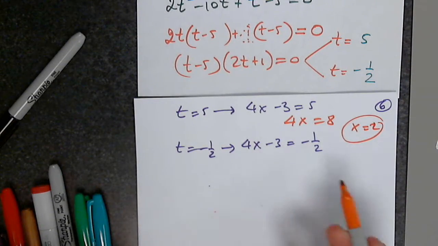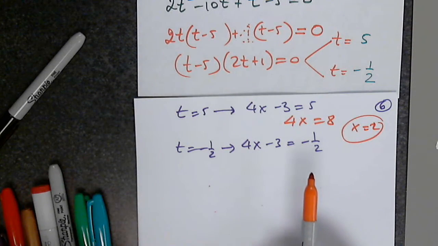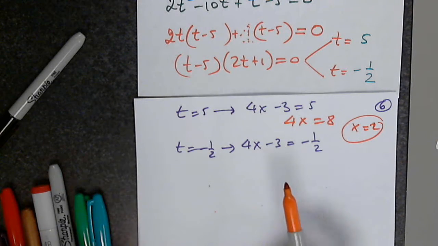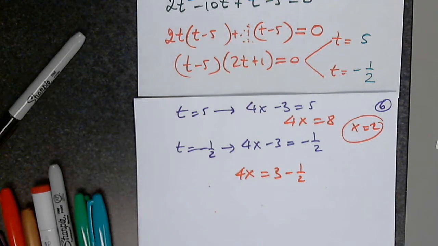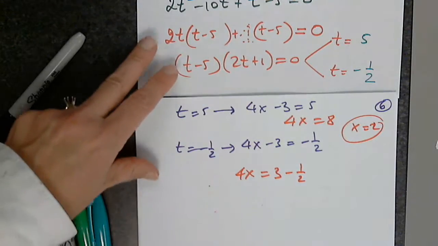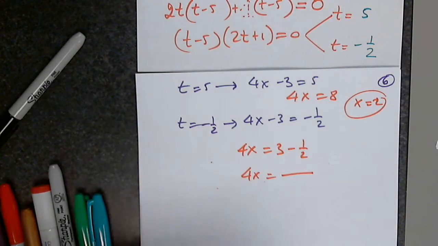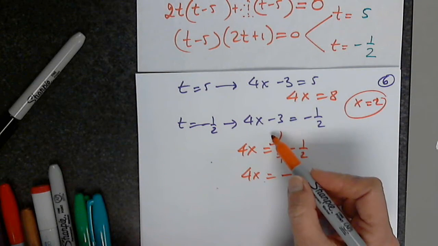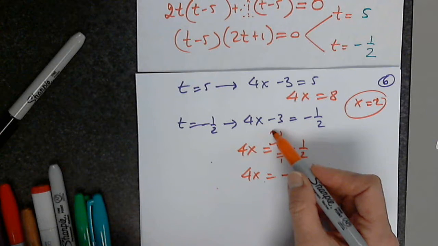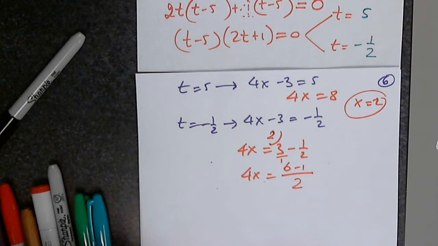Excellent. Same thing here. You can eliminate fractions if you want. You can multiply everything by 2, if you don't want to add or subtract 1/2 from 3. So you have 4x equals 3 minus 1/2. You could have eliminated fractions if you wanted to. So for 4x, the least common denominator is 2, and we have to multiply the top of 3 because it's 3 over 1 by 2. 2 times 3 is 6. 6 minus 1.